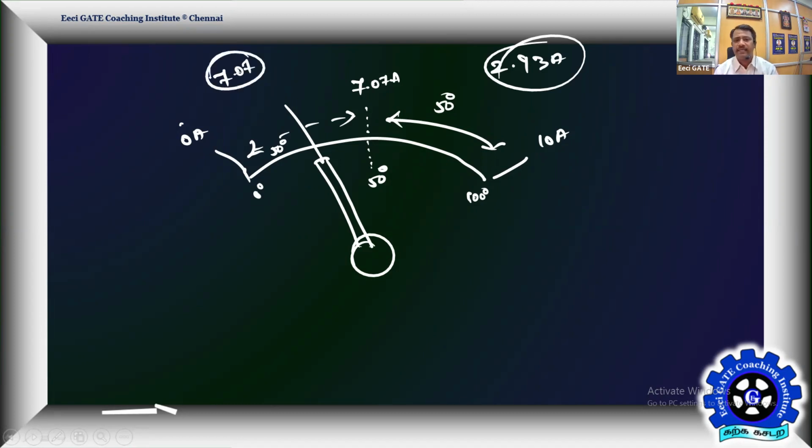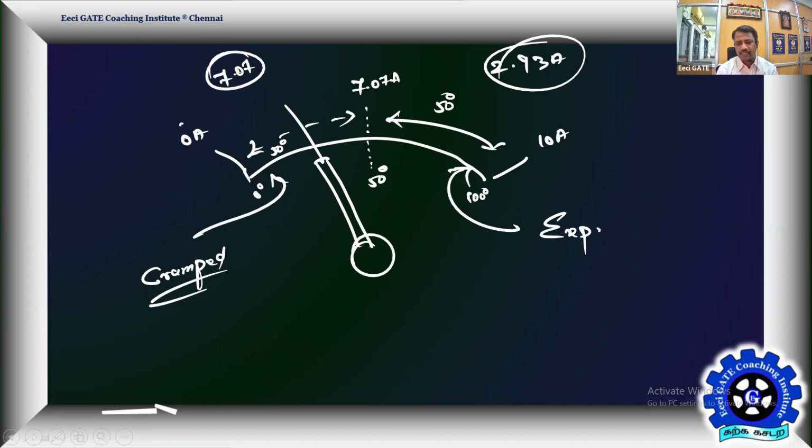So where will the scale be cramped? The scale will be cramped in the lower region, because you have to mark more readings in the lower scale and fewer readings in the higher scale, meaning it is going to be expanded. That's the fundamental of moving iron calibration: a cramped scale towards 0 and an expanded scale towards full scale. So that's your answer. Hope you understood.